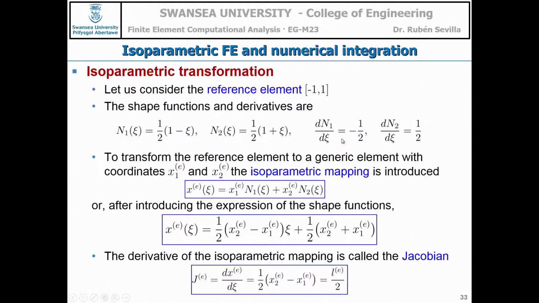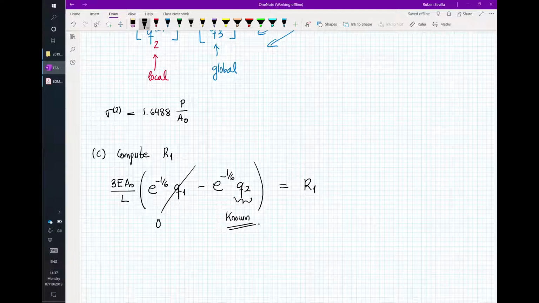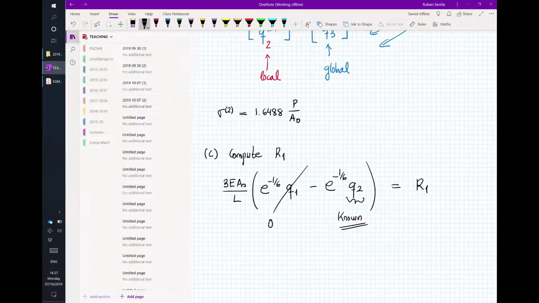So what am I going to do? I'm going to select an ideal or reference element. I'm going to try to work everything out in this reference element, and then we will be able to compute the stiffness matrices for each element with a simple transformation.